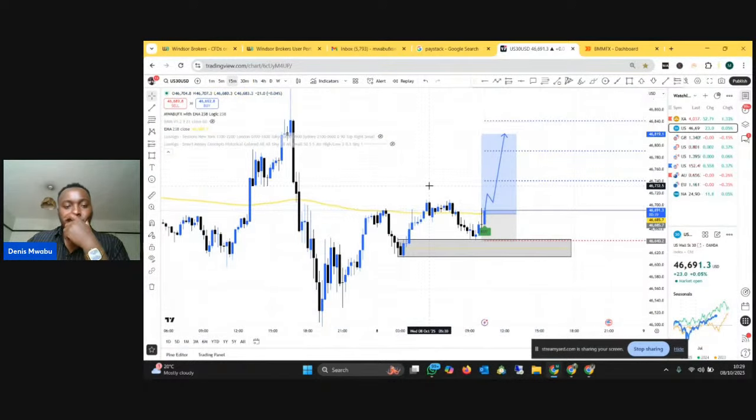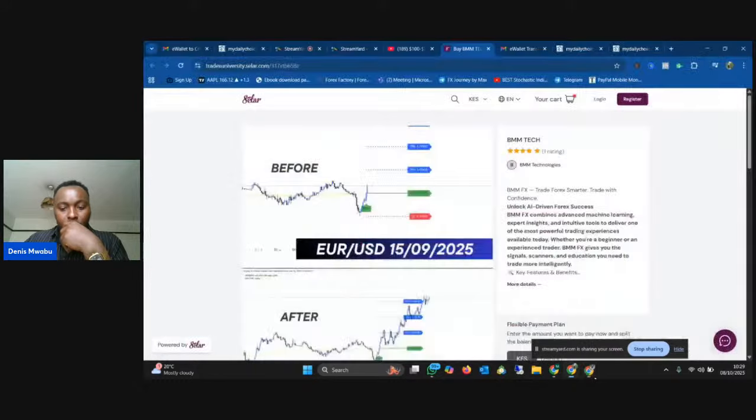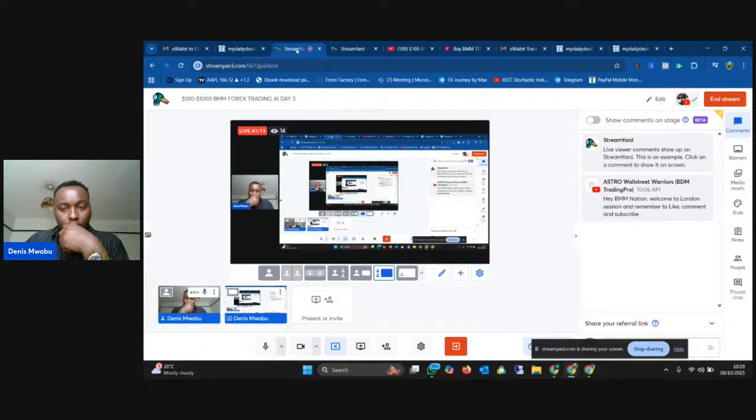I think that's the only trade I'm looking at during New York session, guys. Not New York session, but London session. All the other trades, I am not seeing any logical setup.